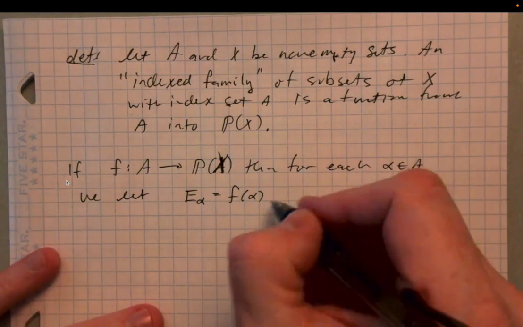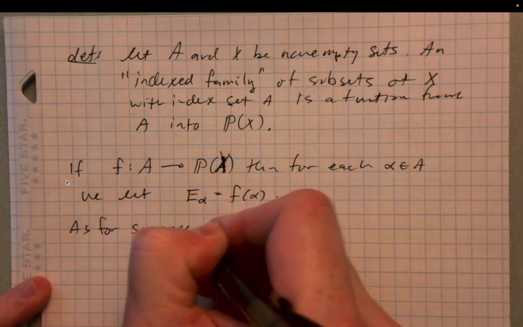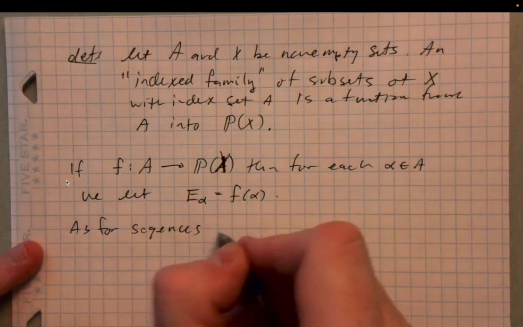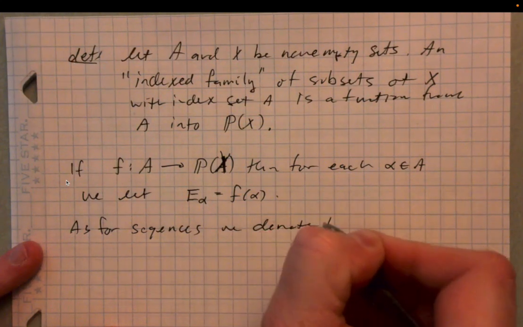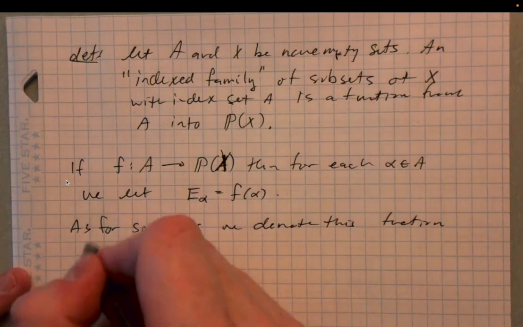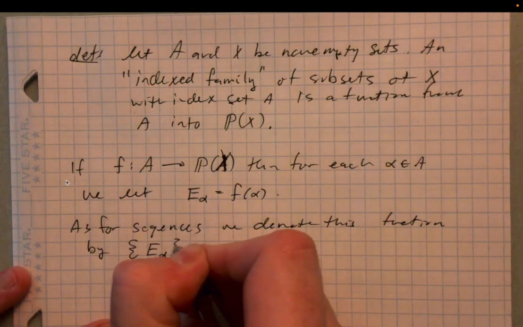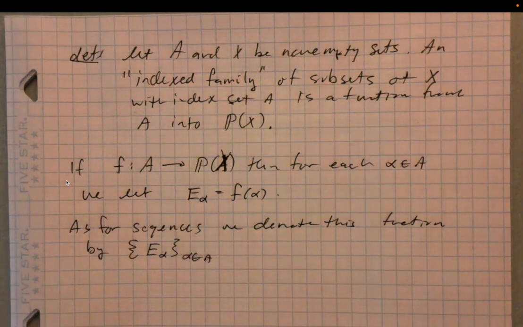Now, as for sequences, we denote the function by the same kind of notation, E sub alpha, such that alpha is in A. This is very similar to what we did for sequences.